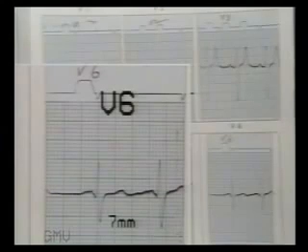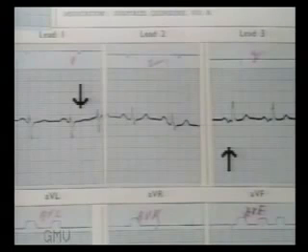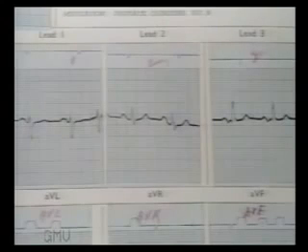So right ventricular hypertrophy is present. Now look at the limb leads. Imagine lead 1 above and lead 3 below. Right reaches. So right axis deviation is present. And the P wave in lead 2 is wide as well as tall, suggesting biatrial hypertrophy.